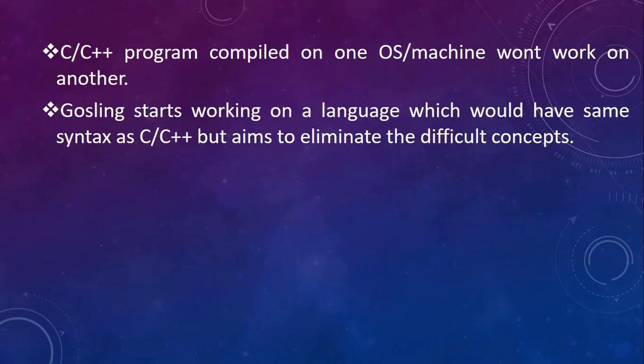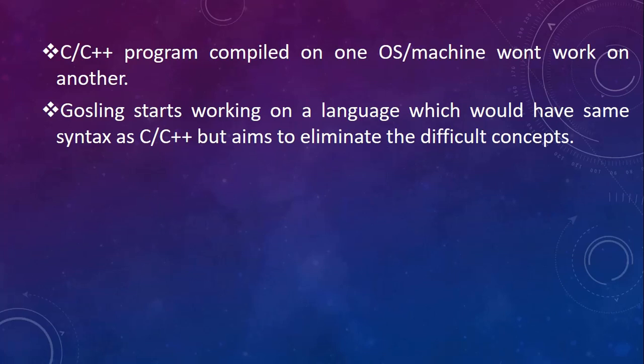So Gosling started working on a language which would have the same syntax as C and C++. Why? Because during that time, and even today, C and C++ happen to be among the most powerful languages of all times. The syntax of C and C++ in the 90s was so popular that programmers were used to writing and coding in C and C++.